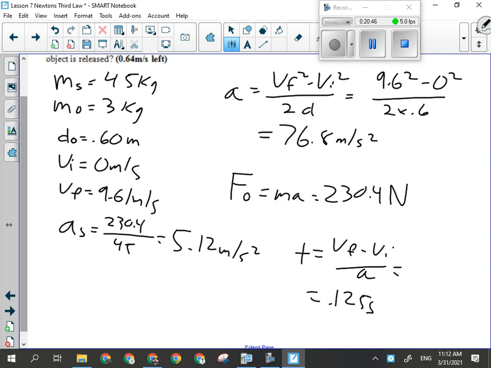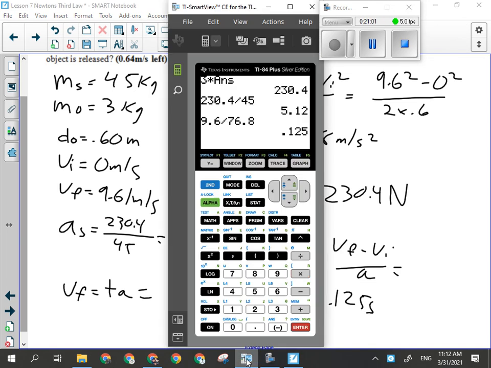Now that I have time, Vi is 0, and I have the acceleration of the student, so I can find their final velocity. Vf will equal t times a. What was it? It was 5.12. Right, 0.64. So I did it totally different, and I still got the same answer.